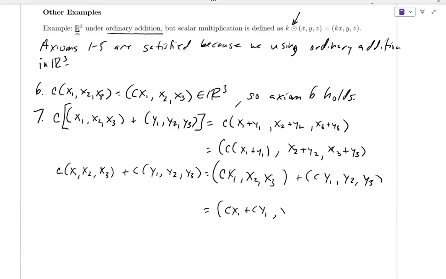Are these two the same? Yeah, they are equal, right? Because you can think about it either way. In the first case, I could distribute the c through because that's just ordinary real number multiplication, right? Or I can think about factoring out a c. Either way, I can see that those two things are equal. So our seventh axiom holds here.